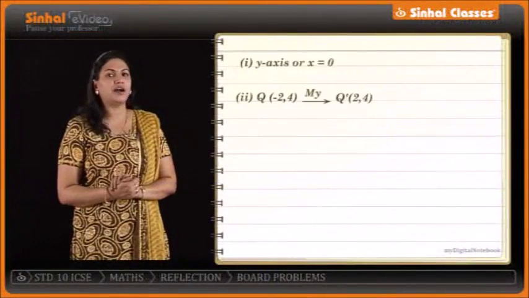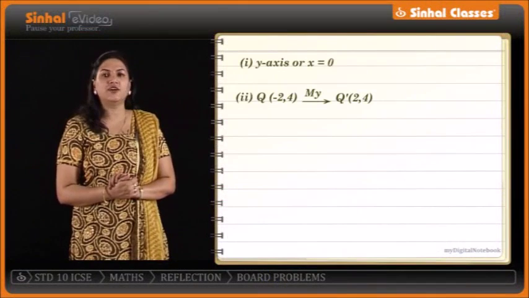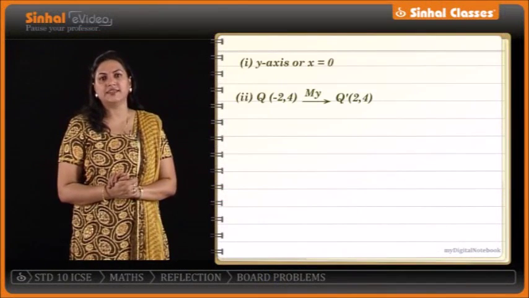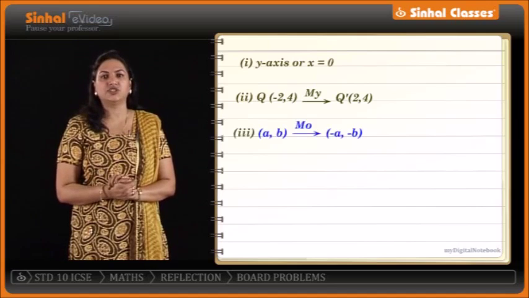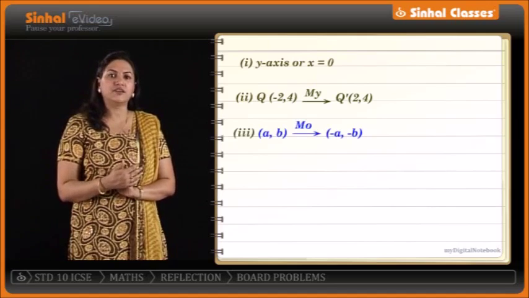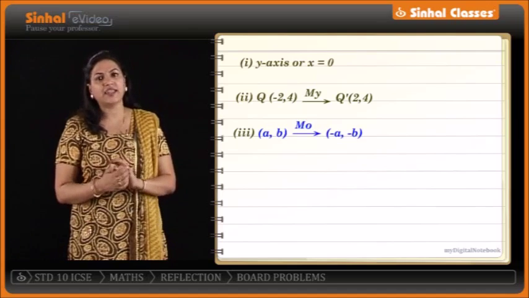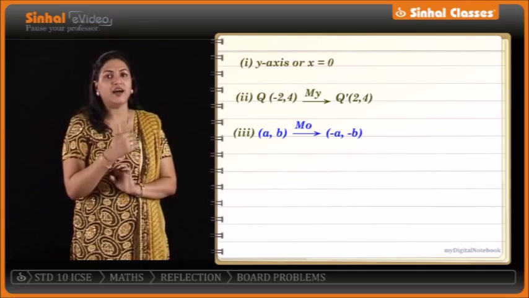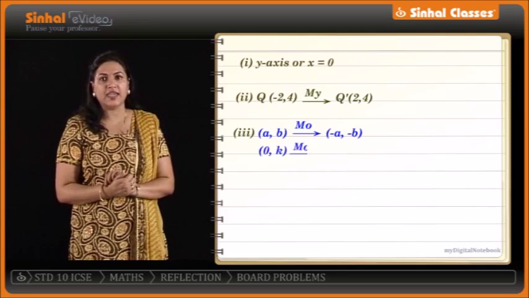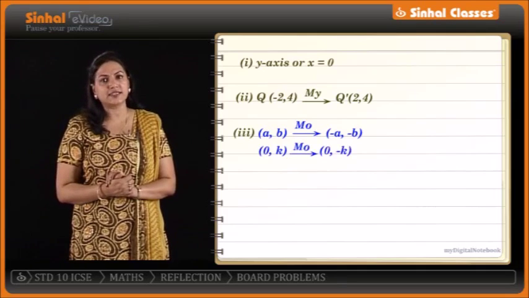Now in the third part, 0, k on reflection in the origin is invariant. Invariant means the value remains unchanged. That is, we reflect 0, k in the origin and we again get the point 0, k. So we have 0, k is equal to 0, minus k.